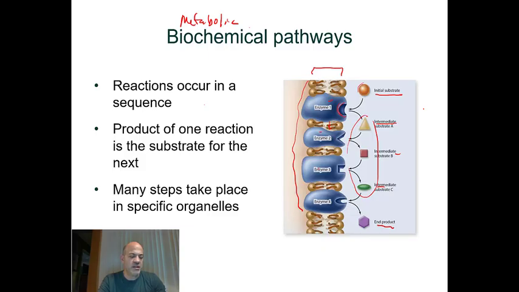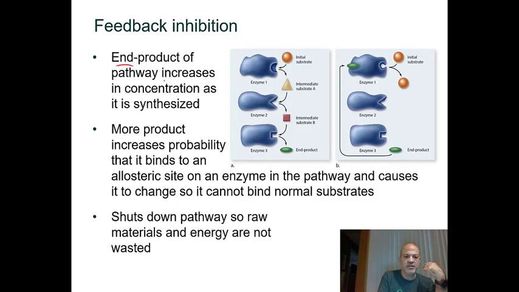During these metabolic or biochemical pathways, which are being facilitated by the help of these enzymes, as the pathway is operating, after a while your end product is going to build up in concentration. So your end product increases in its concentration, and at some point you're going to want to stop that process. And one way to stop that process is by way of feedback inhibition.